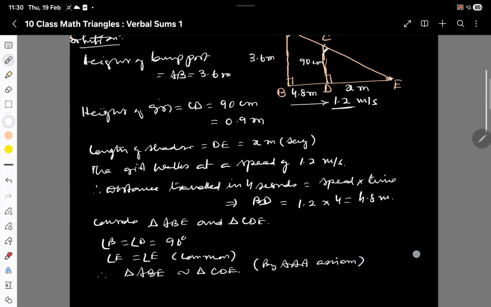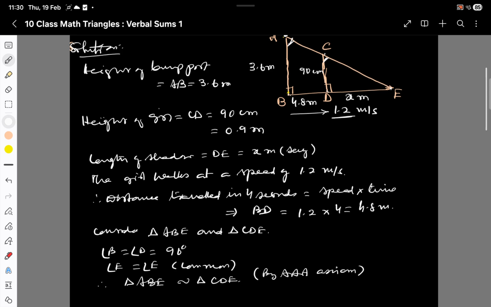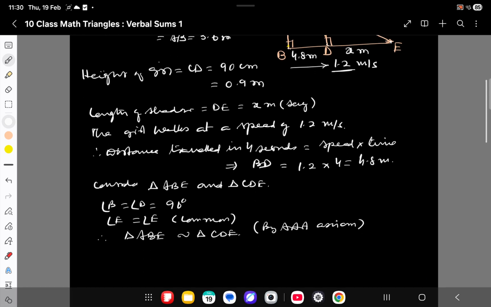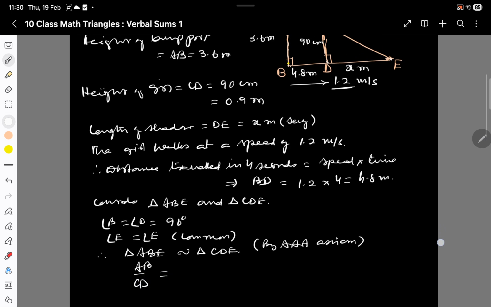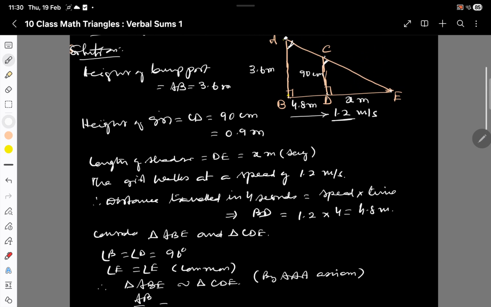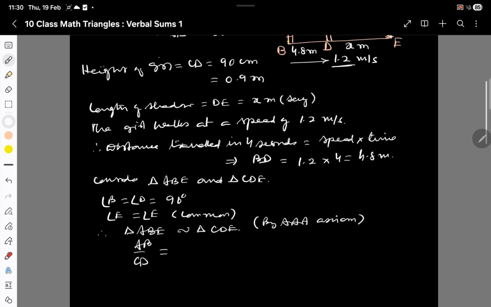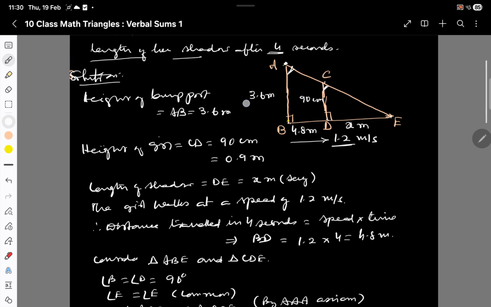Since the triangles are similar, what would you get? AB by CD is equal to BE by DE. What is AB? 3.6 meters, this is given here.